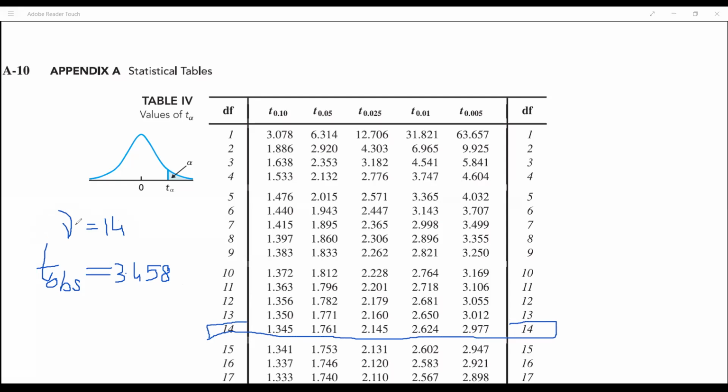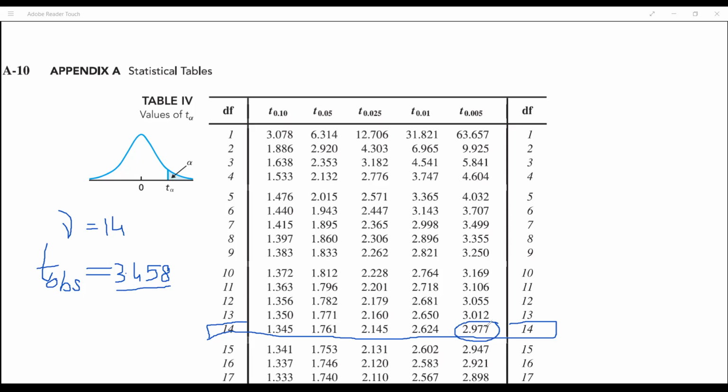In this row, we have to look for this number. Instead of looking at 0.05 here, we are looking at this number. This is the T score. The closest number that we have in the table is 2.977. This is the closest number.